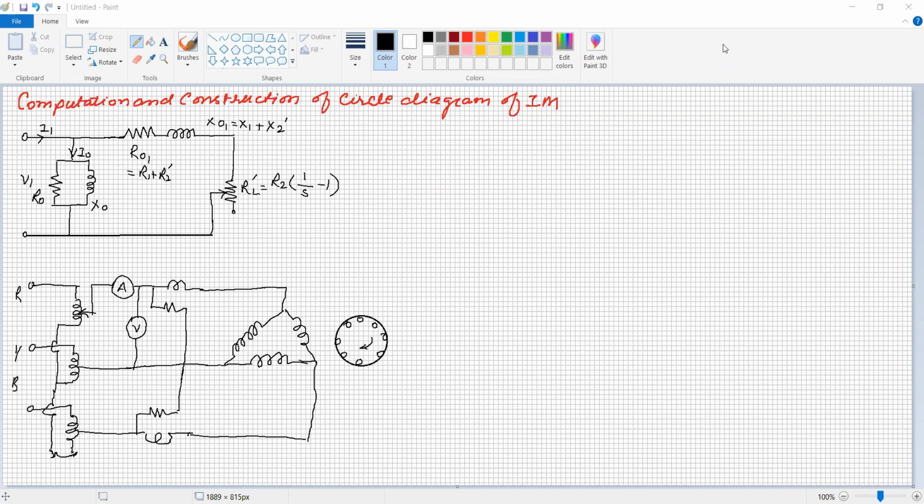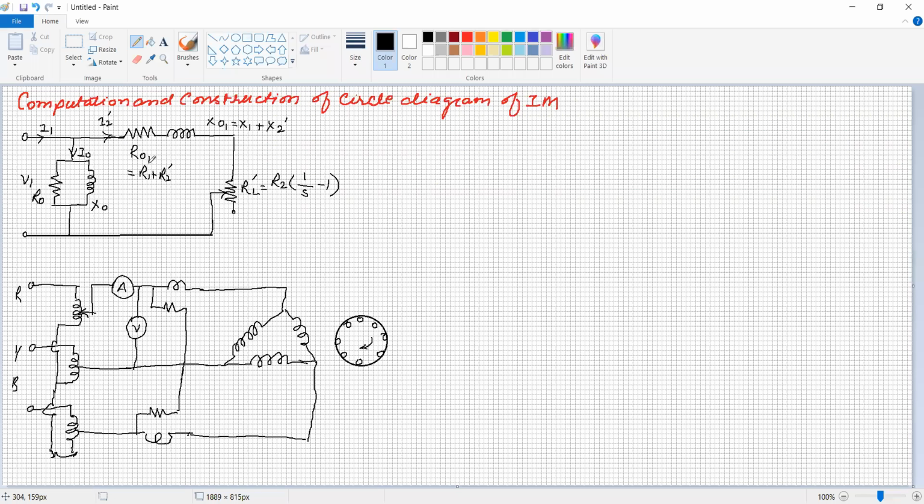Now, we found that the equivalent circuit of a three-phase induction motor can be represented by referring all the parameters, that is rotor resistance and rotor reactance, to the primary side. So this is the exciting, this is the shunt component of the equivalent circuit. Voltage applied is V1, current is I1 in the stator side, and this current is I2 dash, which is referred to the primary side.